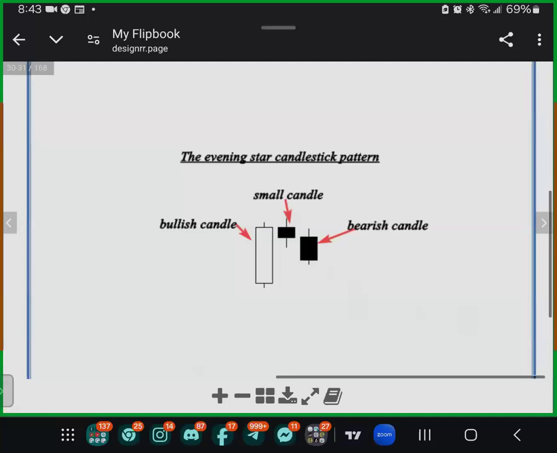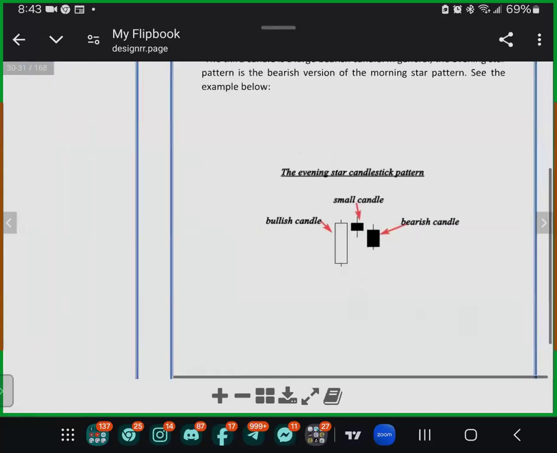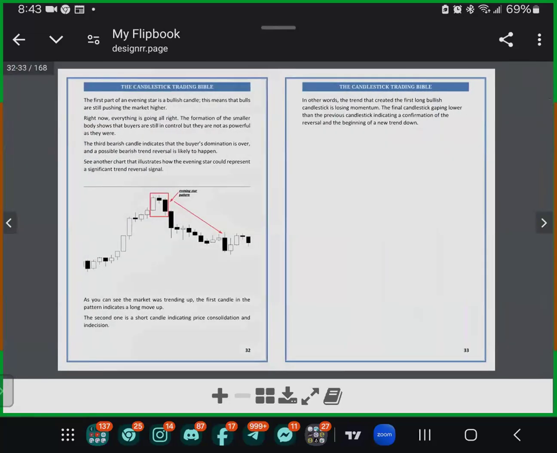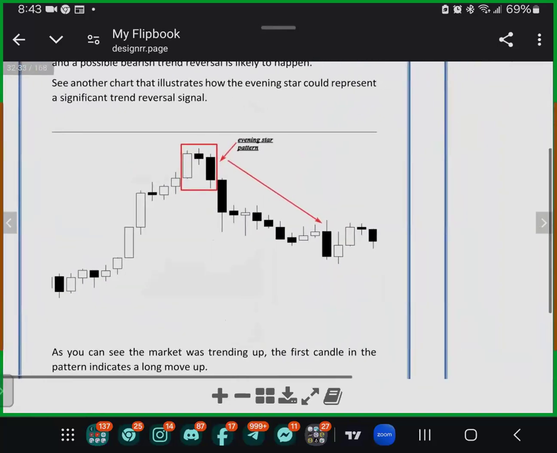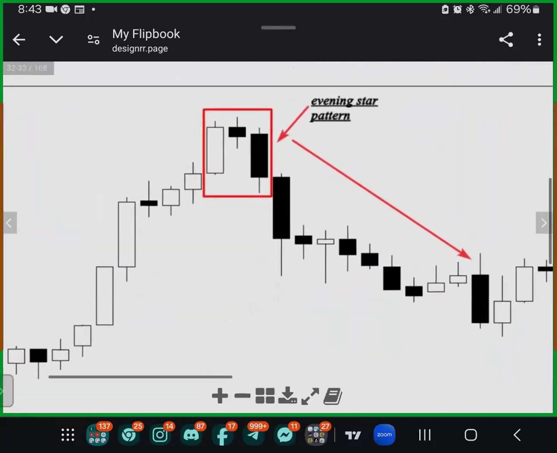So you have the big green bullish candle with the middle candle hovering a little bit to the top, and then the second candle is heading down. And this is what it looks like. This is the evening star.